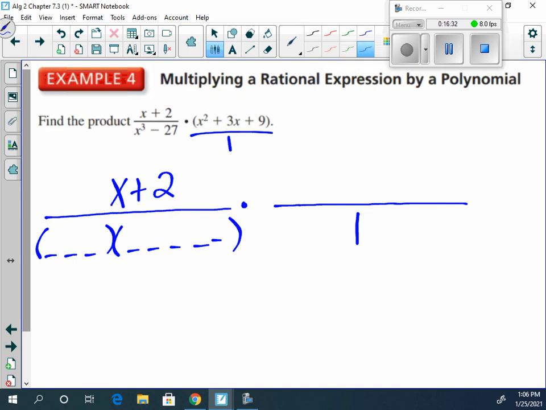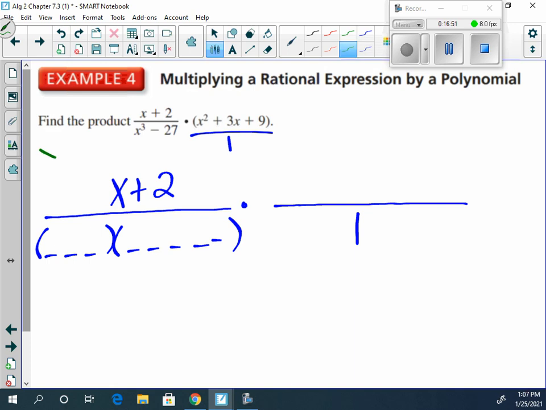So we can write that in. You don't have to, but it's probably a good thing to do because when we start multiplying, we want to make sure we don't multiply the top and bottom by this. It's only the top. Okay.